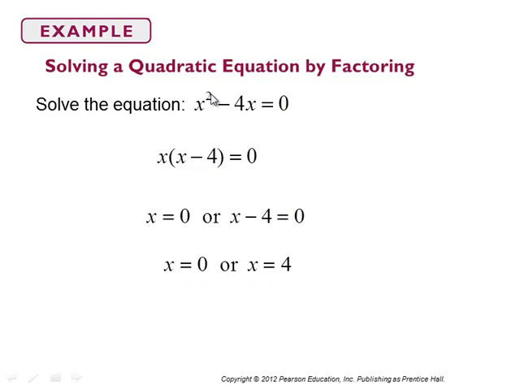And by inspection, you can tell that if x is 0, both sides of the equation will be equal to 0. And if you were to plug in 4 for x, you'd have 16 minus 16 is 0. And that's also a true statement. So both of these numbers really are solutions. They make up the solution set for this equation.